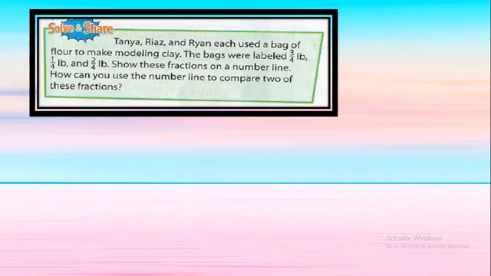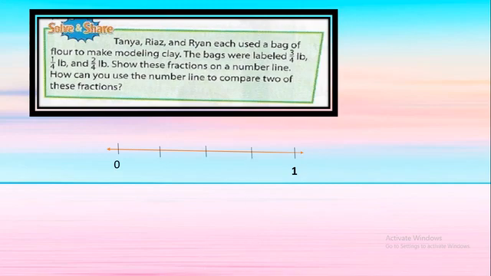So, we will draw a number line with 0 and 1 on it. Okay? And then divide it into 4 equal sections. Okay?